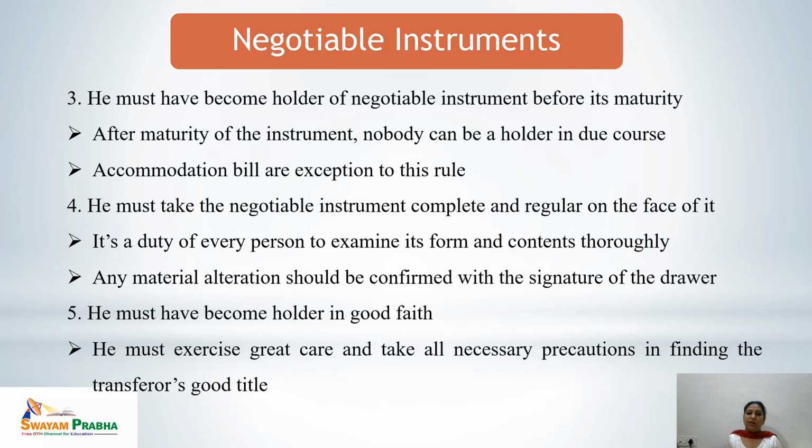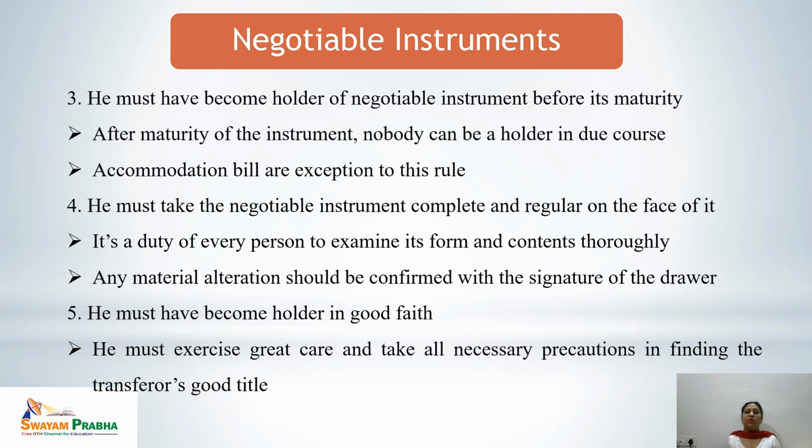And if any kind of material alteration is there, is that material alteration signed by the drawer or the maker of the instrument? If the signatures are not there, or any cutting is there, it cannot be treated as a valid negotiable instrument, and the person holding it cannot be considered qualified as a holder in due course. Next is, he must have become holder in good faith.